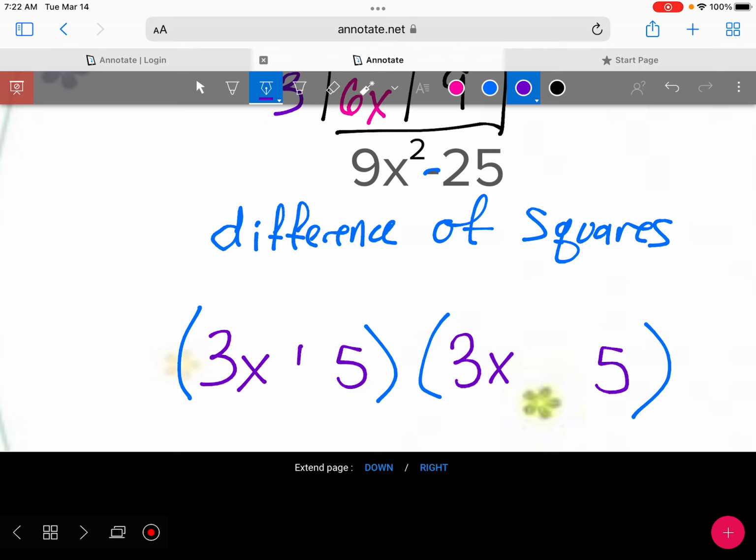And then one has a plus, one has a minus. And we're done. If we notice that it's a difference of squares, we can take a shortcut. If you don't notice that, it's 100% still valid to X and box it. It'll be the exact same process we had up above.